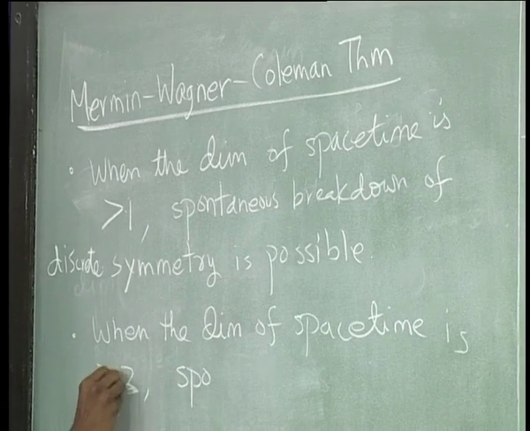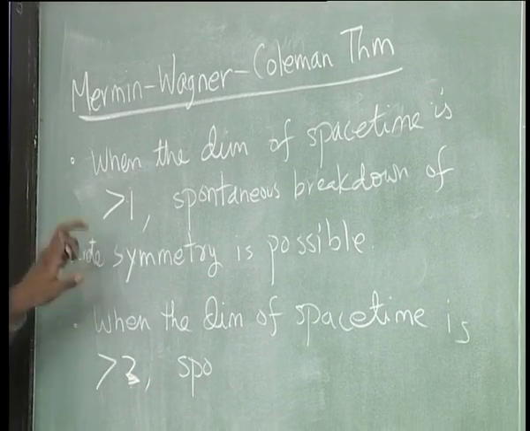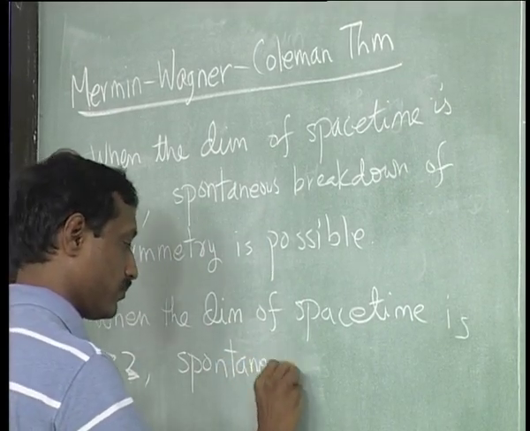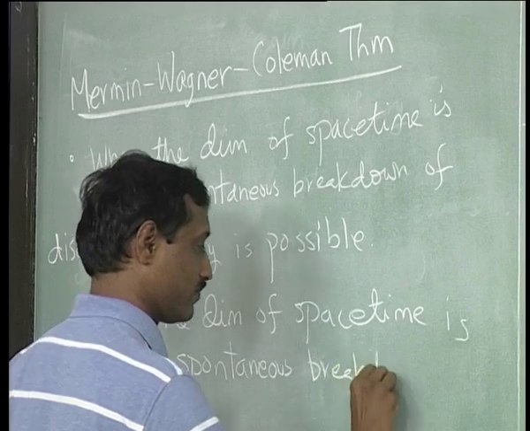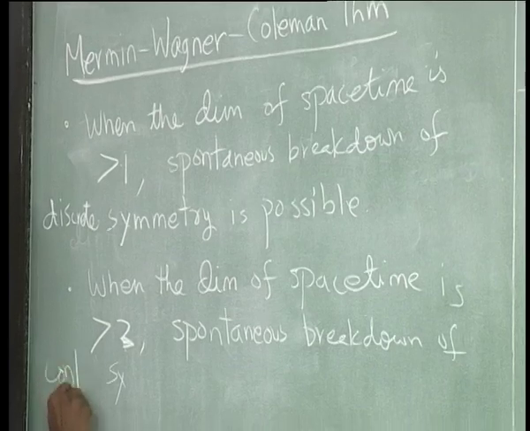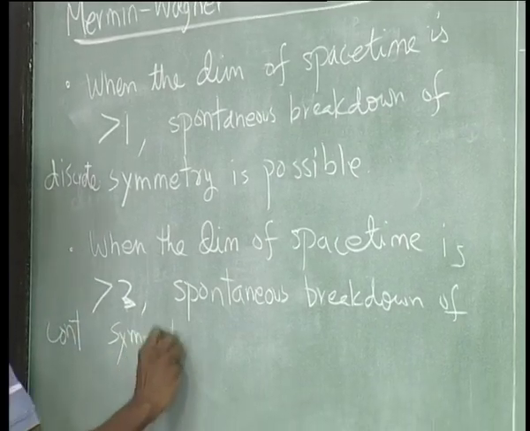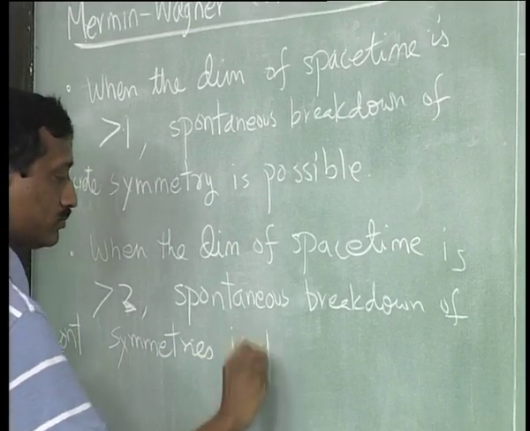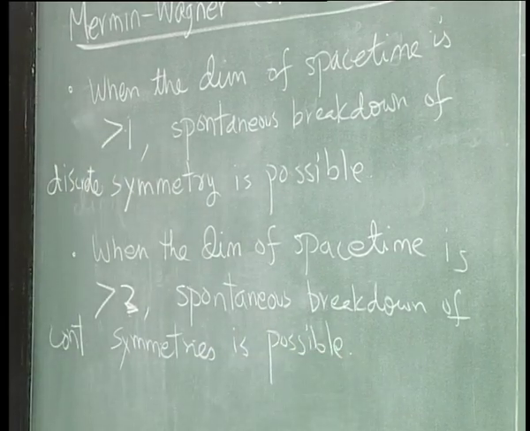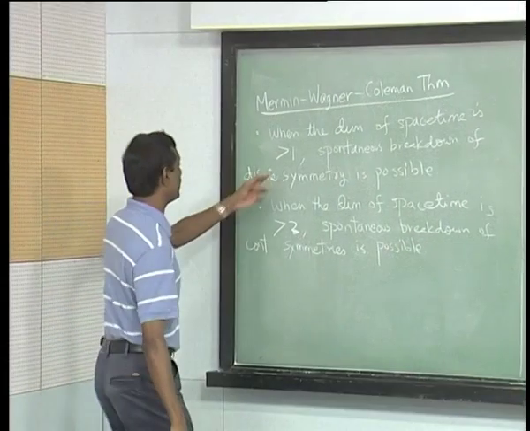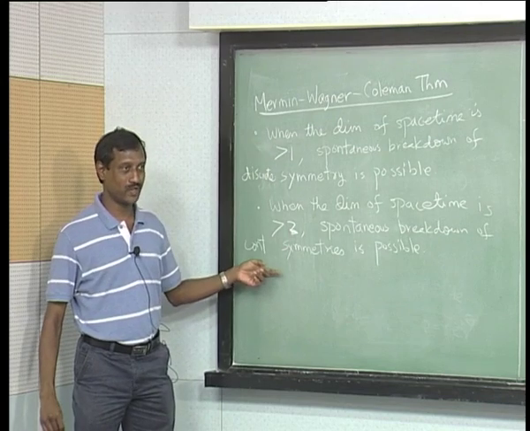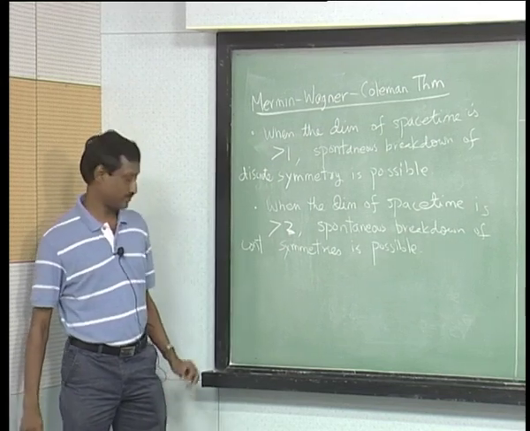So now you can see the change here for continuous symmetries, you go from 1 to 2, spontaneous breaking of symmetry of continuous symmetries is possible. It is usually written in a negative way. One says that the critical dimension for this is 2. This is another way of saying it. Okay, is this clear? Okay.